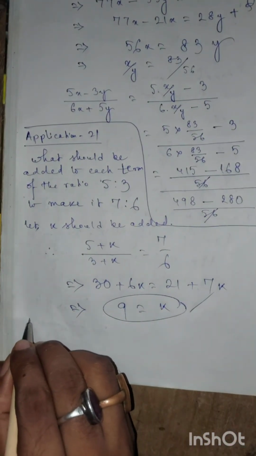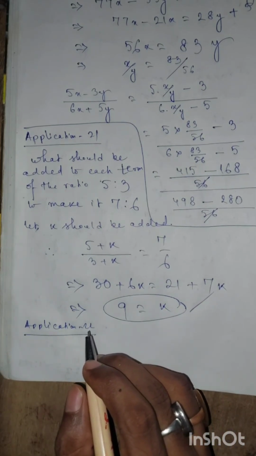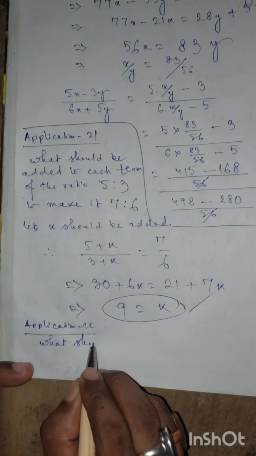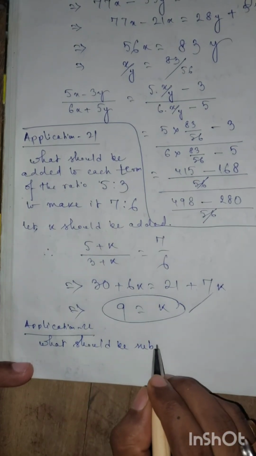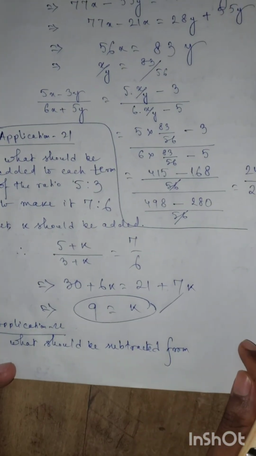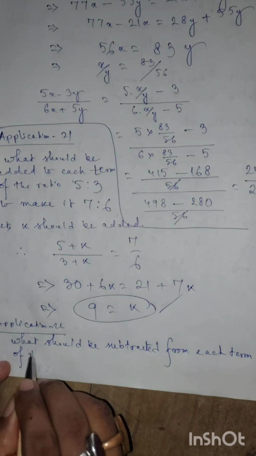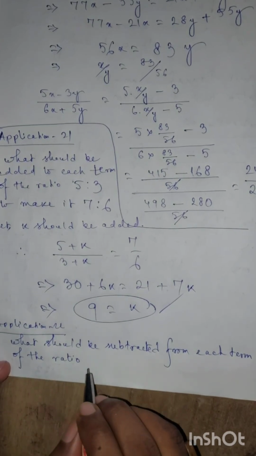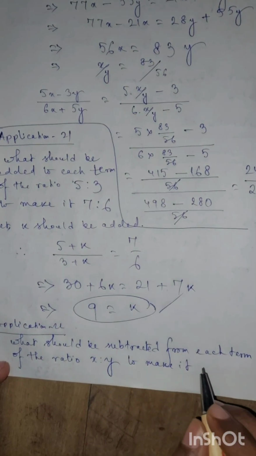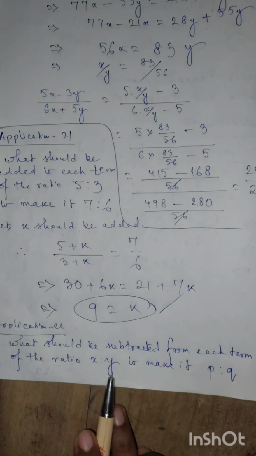Now application 22, which says: what should be subtracted from each term of the ratio x is to y to make it p is to q?